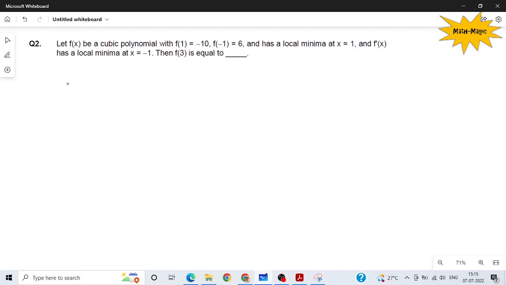So as f of x is a cubic polynomial, f of x is of the form ax cube plus bx square plus cx plus d. Okay, so now what is given?